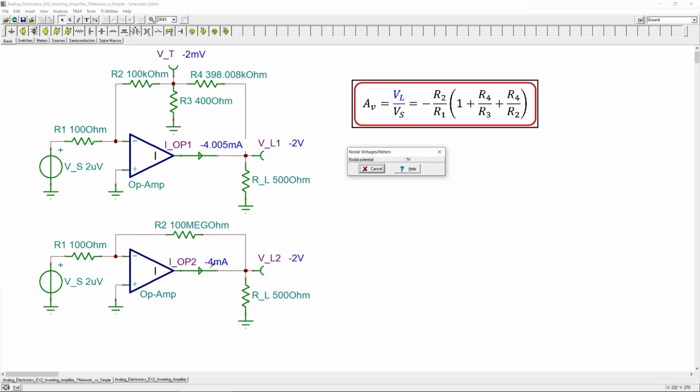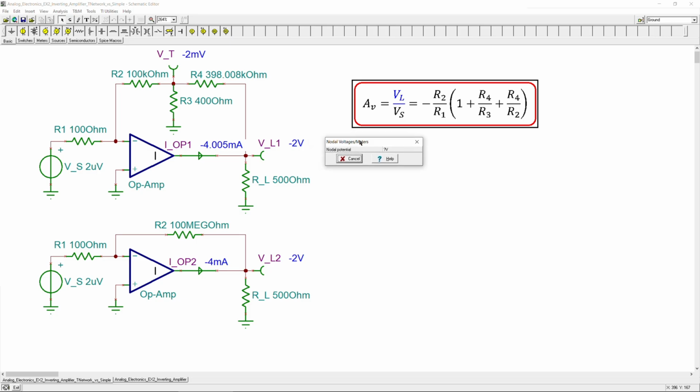You can see they also deliver approximately the same current for the op-amp, so there is not much difference in that. The only difference, which is a very important difference, is the larger values we require for the resistors. And also in terms of the noise performance, this basic circuit is not that good. For the T network, we get a much better noise performance.